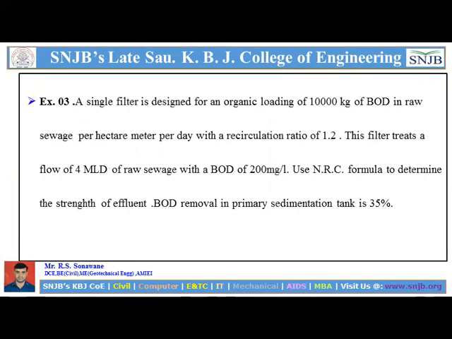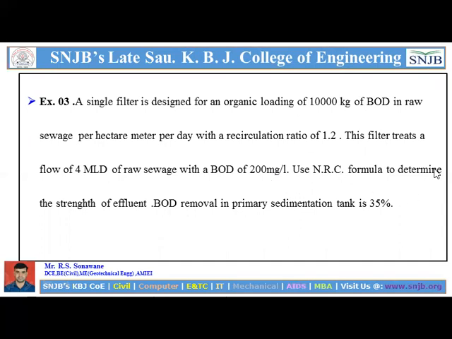The example is very simple, that is example number 3. A single filter is designed for an organic loading of 10,000 kg of BOD in the raw sewage per hectare meter per day with a recirculation ratio of 1.2. This filter treats a flow of 4 MLD of raw sewage with BOD of 200 mg per liter.